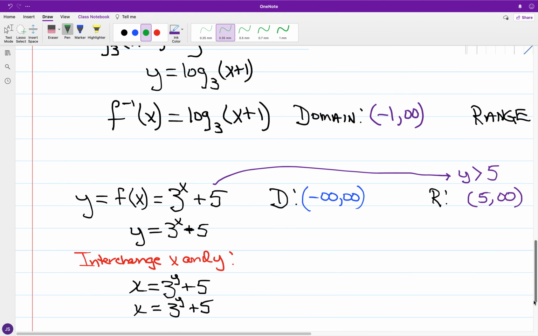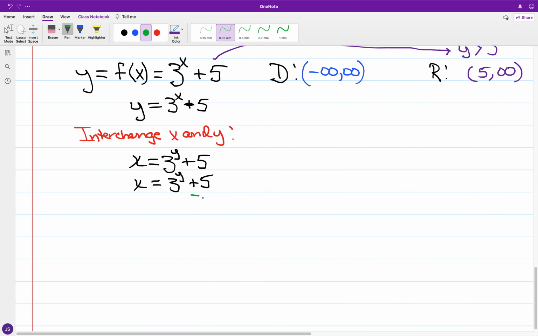So looking at subtracting 5 on both sides, I'm going to have x minus 5 is equal to 3 to the y. And once more, I'm going to take the base 3 logarithm of both sides here.